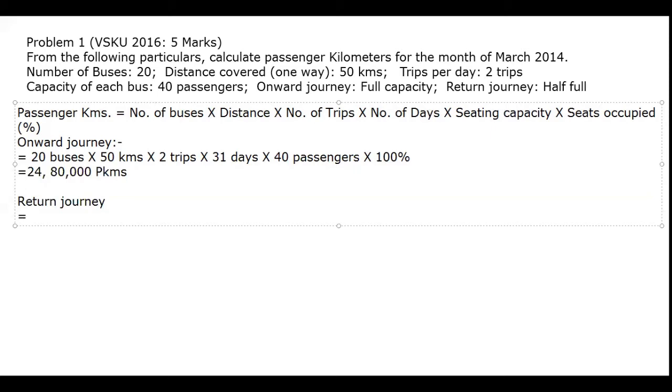Number of buses given in the problem is 20 buses into 50 kilometers into two trips into 31 days into 40 passengers. Everything will be the same, only the seats occupied percentage will be different.